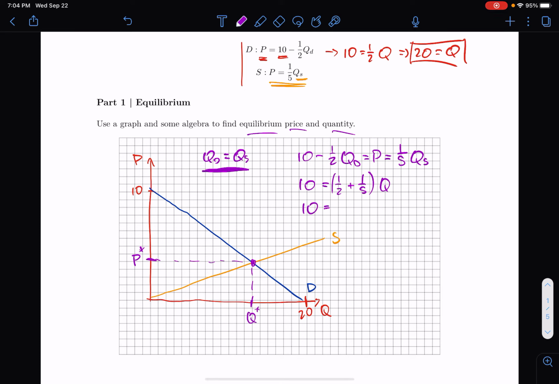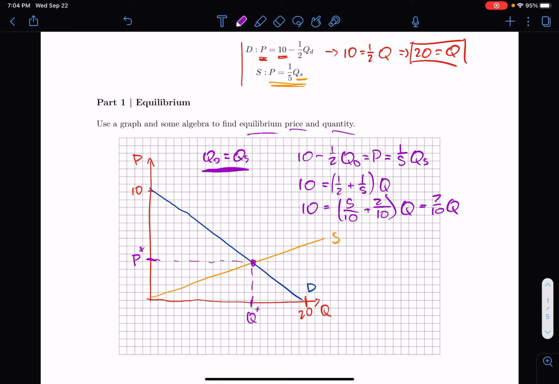One more simplification here. To collect these fractions, we're going to put 10 on the bottom, which means we're going to multiply 1/2 times 5 on top and bottom. So we have 5 over 10 plus 2 over 10 as Q. And we can simplify that because it comes out to be 7 over 10 Q.